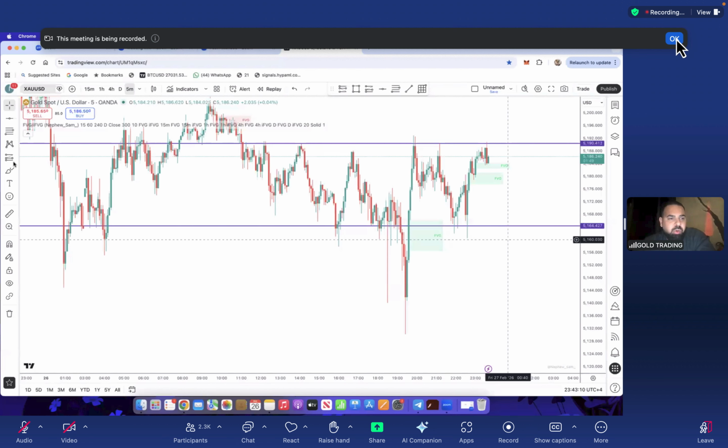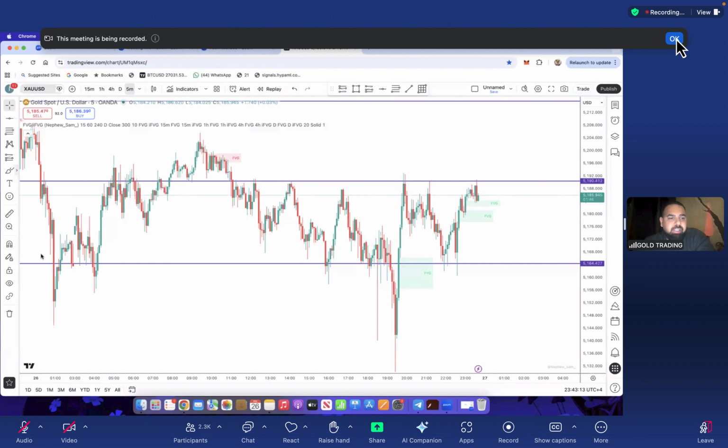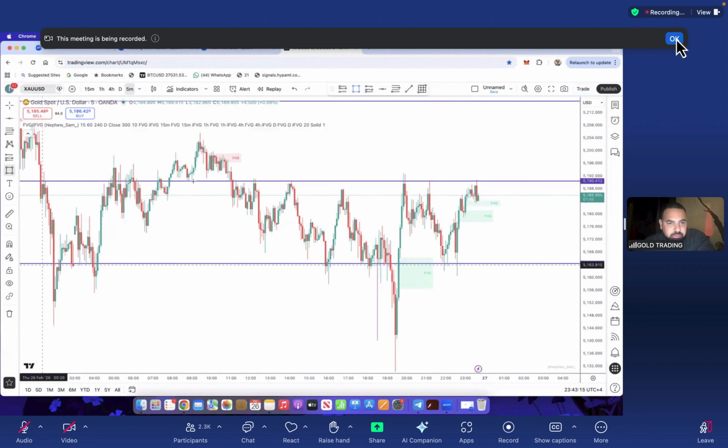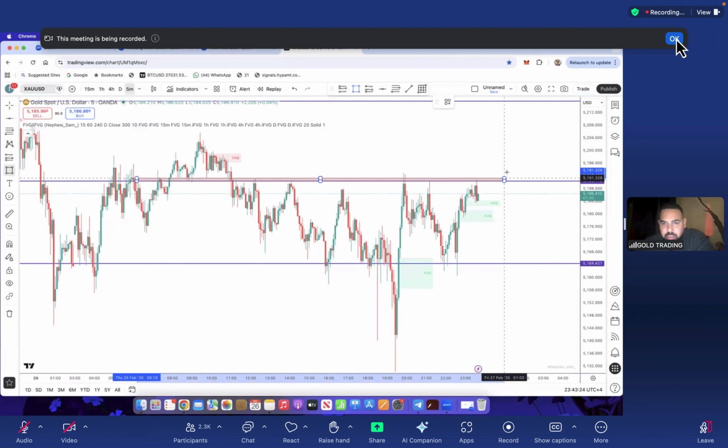So all I'm going to do now is mark out an area from here, there from the wick, this top part here. Let me just draw a line on there.